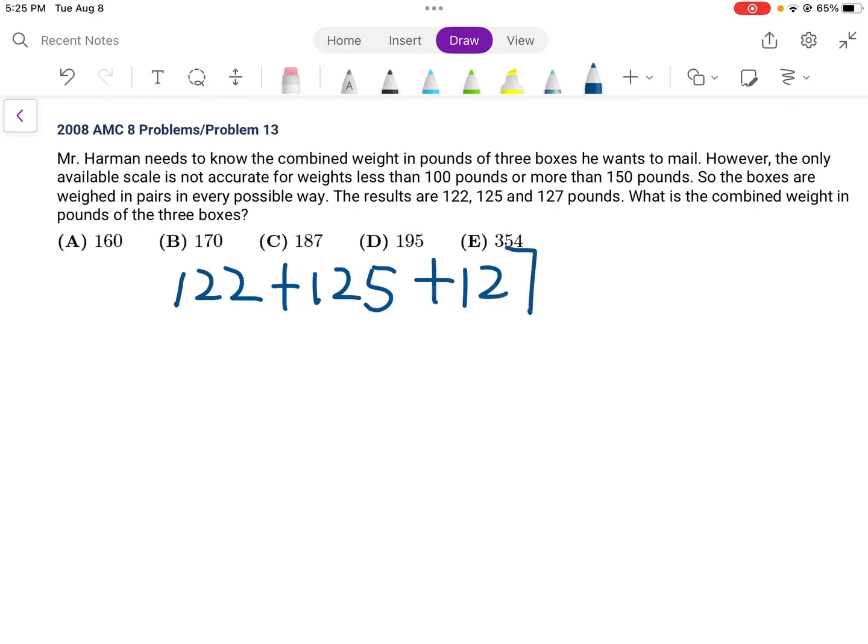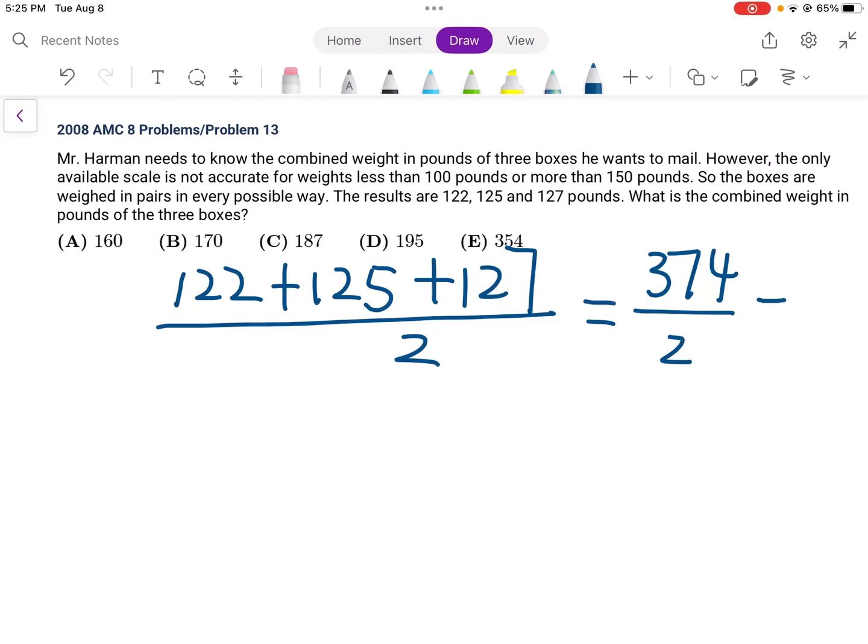So we use the sum divided by 2. And that gives us 374 divided by 2 equals 187. And that's the total weight of the 3 boxes. The answer is C.